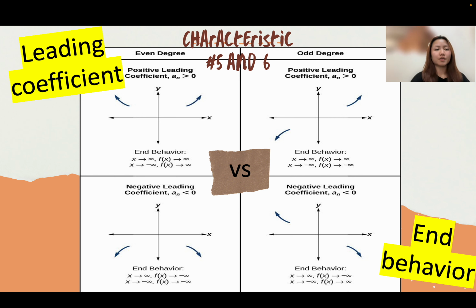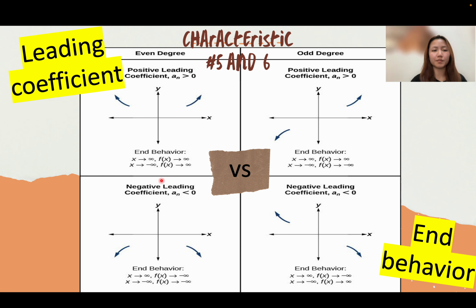And then we are going to talk about the relationship between leading coefficient and end behavior. When your leading coefficient is bigger than 0, your end behavior will go up. You can see it here.